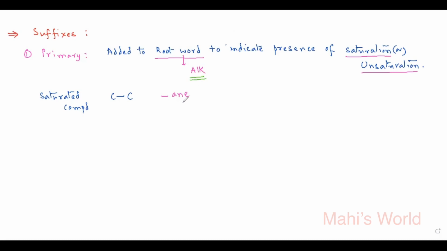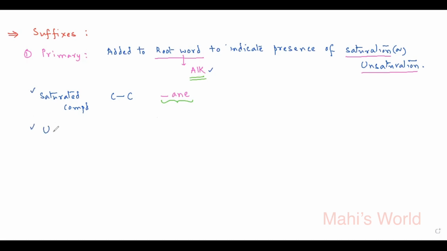So this "-ane" is added to alk, then that becomes alkane. So, in general, the root word is taken as alk, plus ane, because root word plus primary suffix.